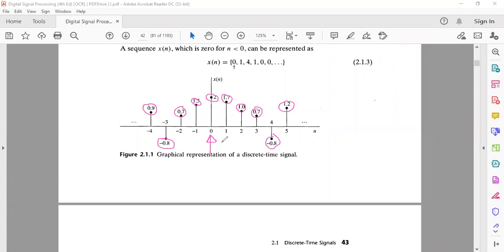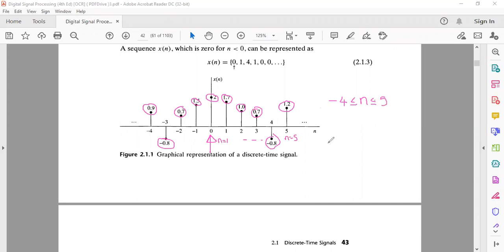So here is n equal to 1, up to this is n equal to 5. It means that this signal exists between n equal to negative 4 and n equal to 5.